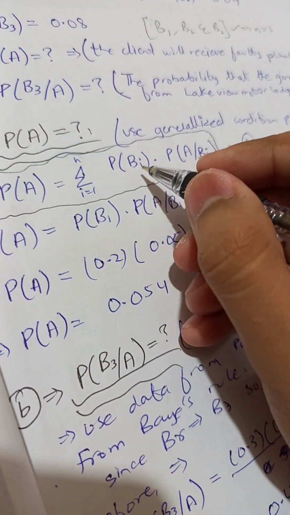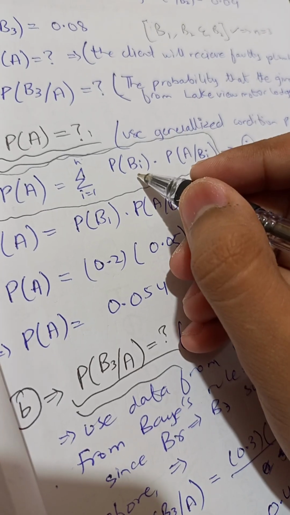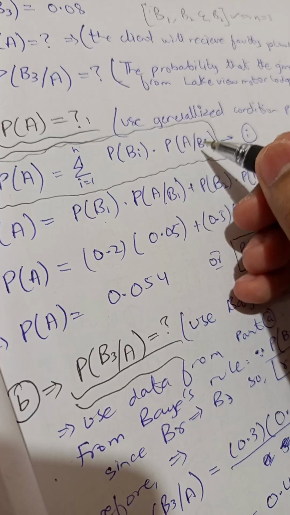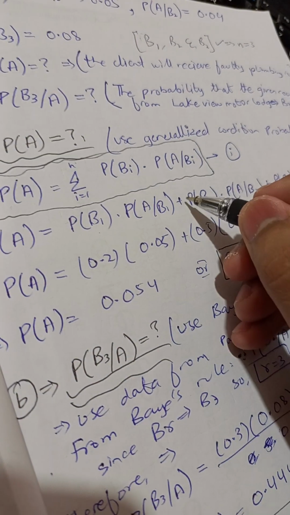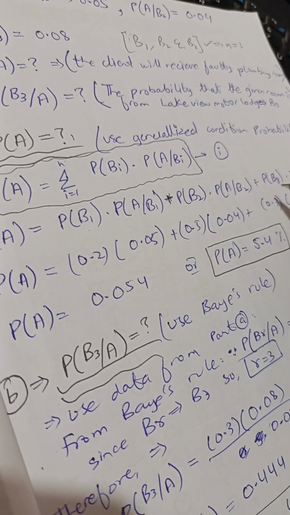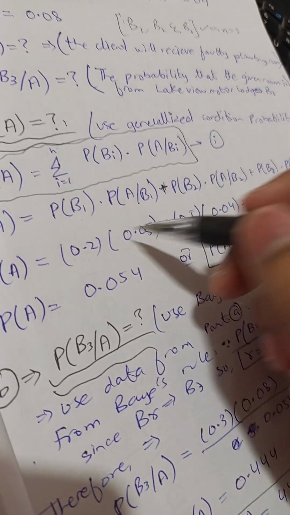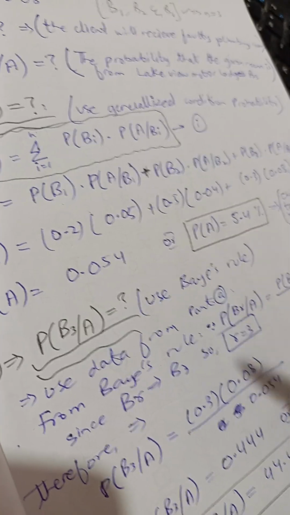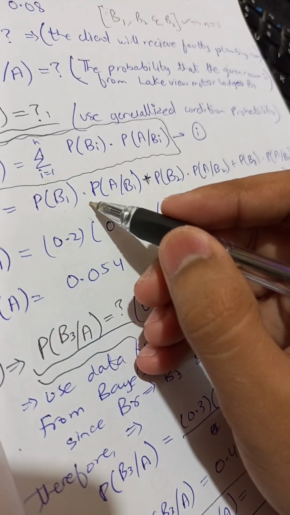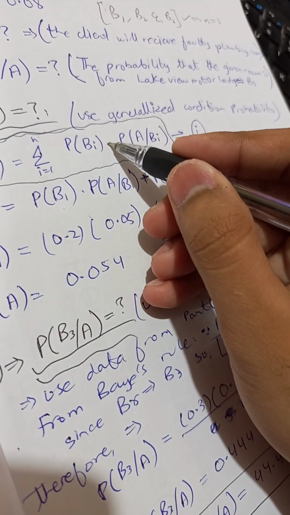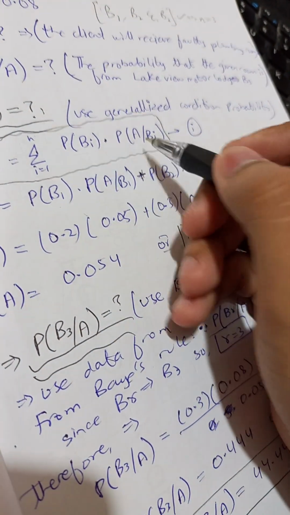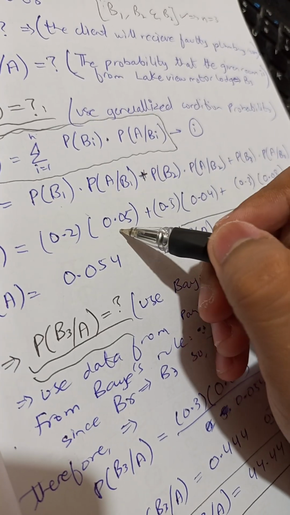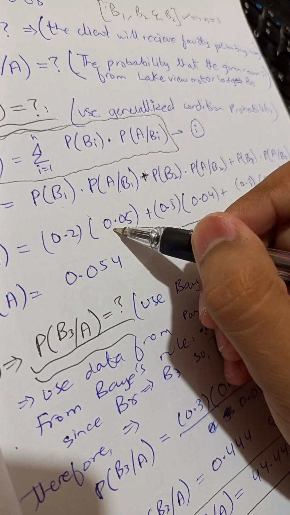So probability B1 times probability A given B1. You have to remember this formula. We expand it with addition symbols in between for the total number of values, which will be 3. The formula gives a multiplication between two terms: probability B1, that is 0.2, times probability A given B1, that is 0.05.